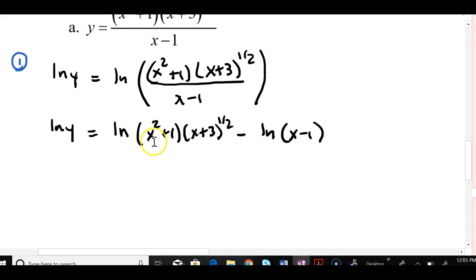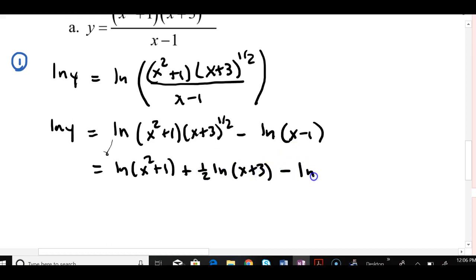This will be equal to the ln of x squared plus 1 plus the ln of x plus 3 to the 1/2, but the 1/2 we're going to bring out in front, because it's a power, so we can bring the power in front of the logarithm. So 1/2 ln of x plus 3 minus ln of x minus 1. All right, so that's step 1.